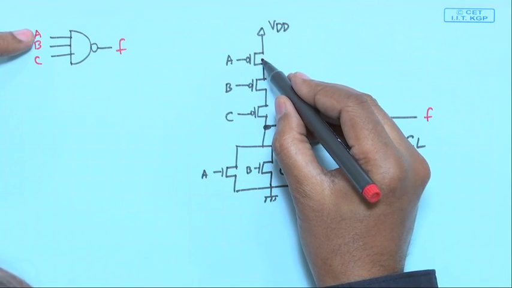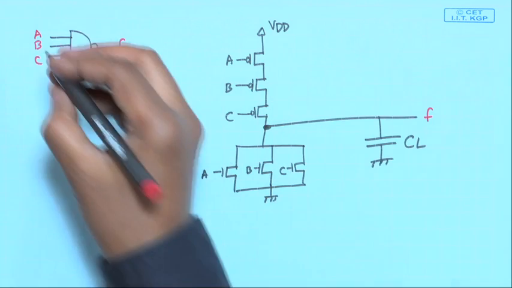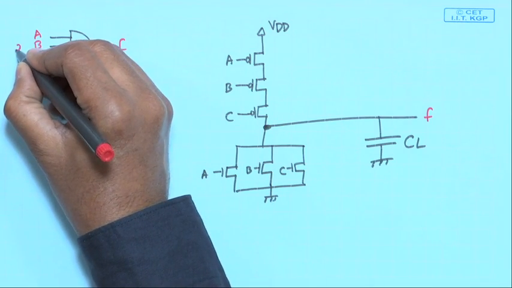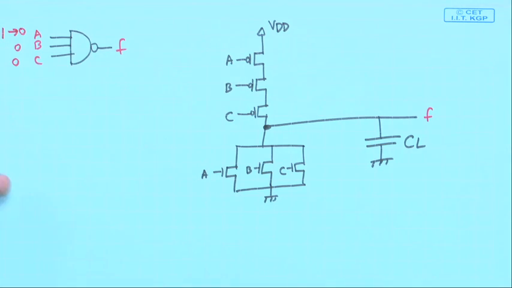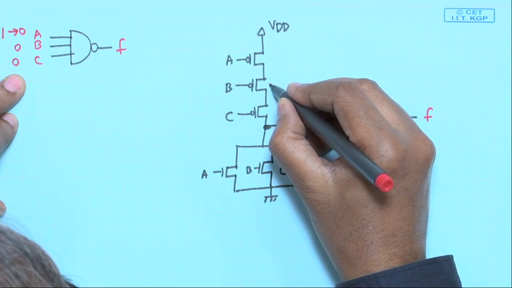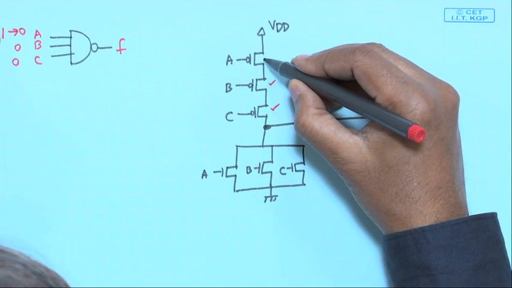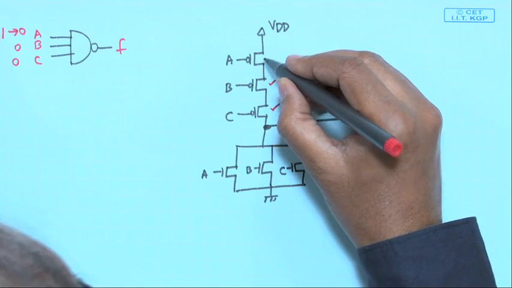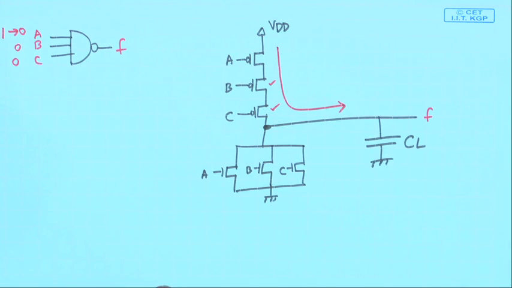you see when this A is switching, right, suppose B and C were already 0 and 0 and A was 1, A is becoming 0. So, B 0 and 0 means this was conducting, this was conducting, A was 1 means this was off, now this is conducting. Now, when A is conducting, so this will be the path.